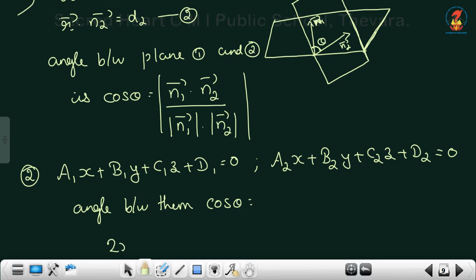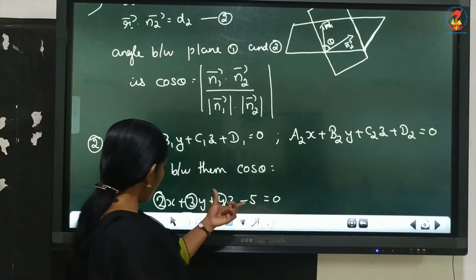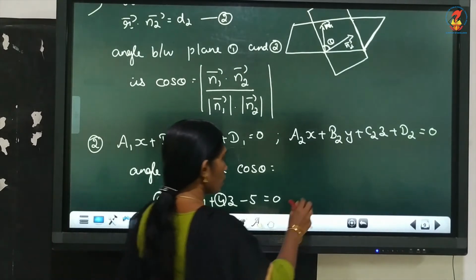so children look, 2x plus 3y plus 4z equal to 5 or minus 5, whatever constant. So this is a plane, equation of a plane in Cartesian form. Then these numbers 2, 3, 4 are direction ratios of the normal. So from this you can write the normal. What is the normal?